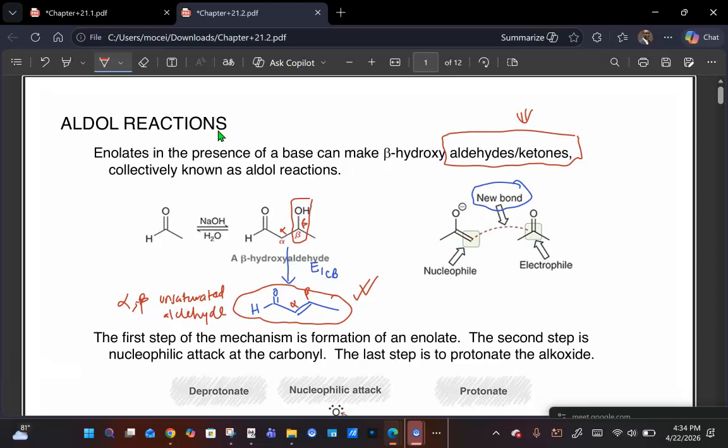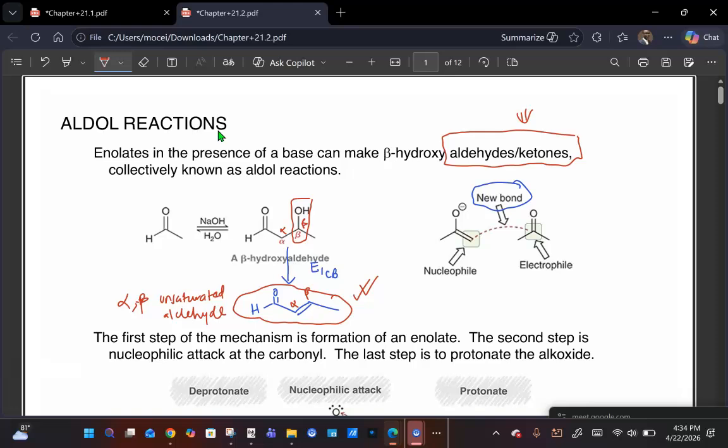Correct. And then we can kick it away using the alpha hydrogen. The reason why I drew it is because we just don't call this aldol reaction.